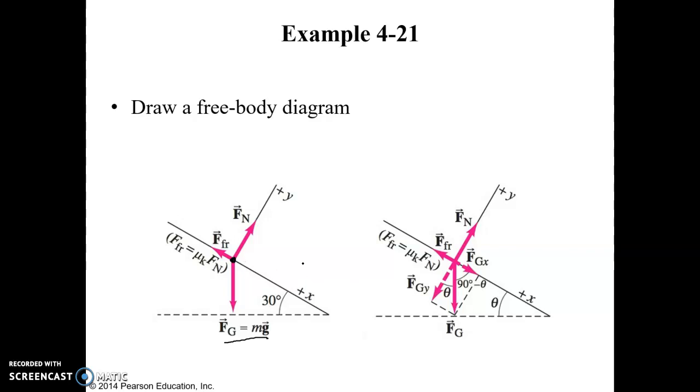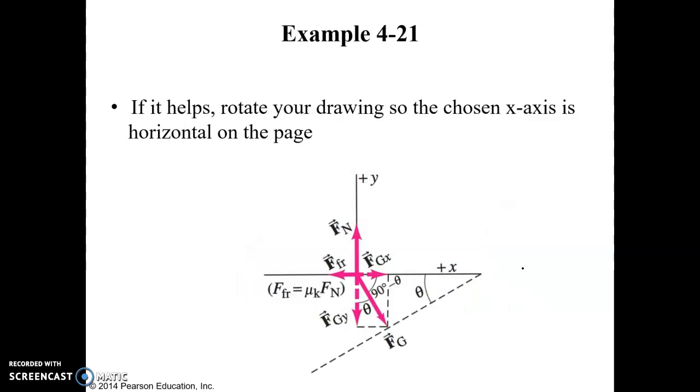So what I like to do with these problems is to rotate the diagram so that the inclined slope is actually horizontal. I think for whatever reason this helps me to visualize it better. So I've just rotated the whole thing in a counterclockwise direction, some angle equal to the inclination of the ramp.